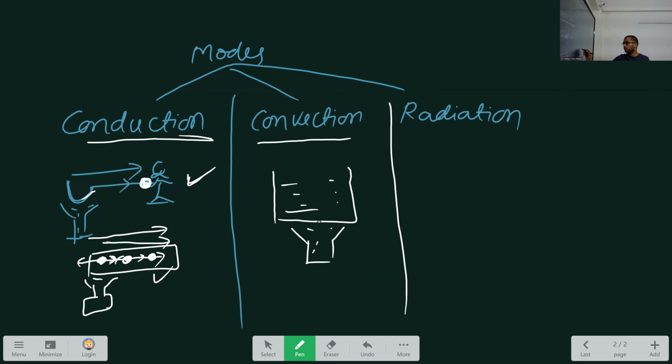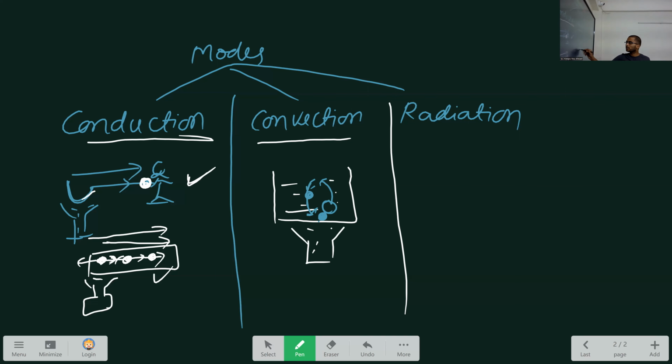Now, students, suppose you are heating this. The water molecules at the bottom get more heat, so they expand, and their density becomes lesser than their surroundings, so they go upward. The molecules which are colder and heavier compared to this one come down, and then again they get heated up, and again they go up.